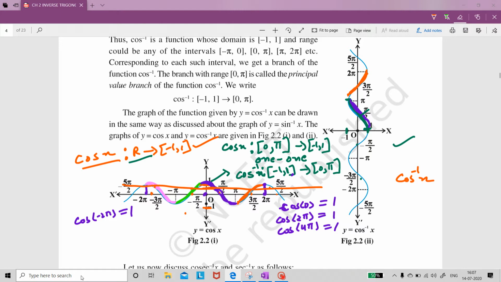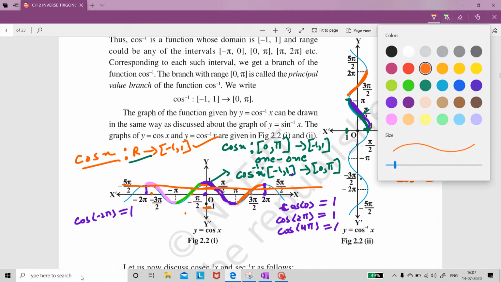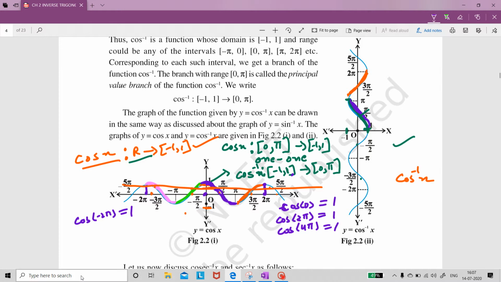Again the same method: you can see this purple portion. If you restrict the curve only to this purple portion, then the function becomes one-one, because no value is going to be repeated.